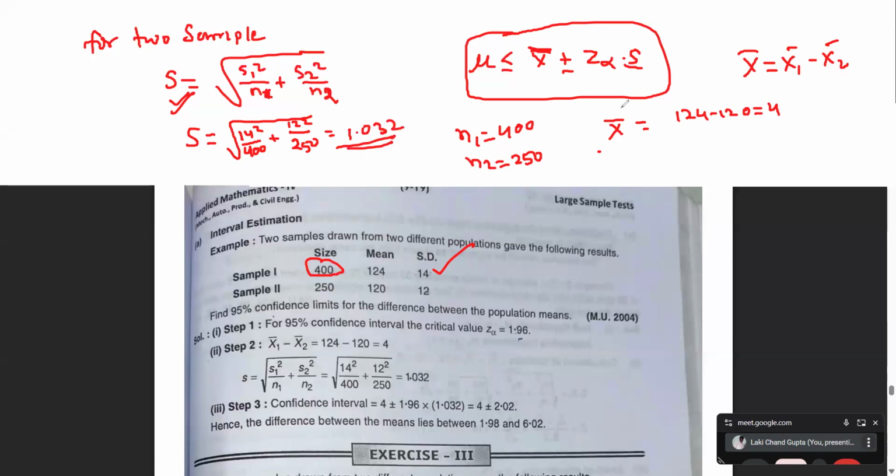Now put the value here. If alpha is 5%, then formula will be 4 plus minus 1.96 into 1.032, right? So mu is equal to 4 plus minus 2.02.